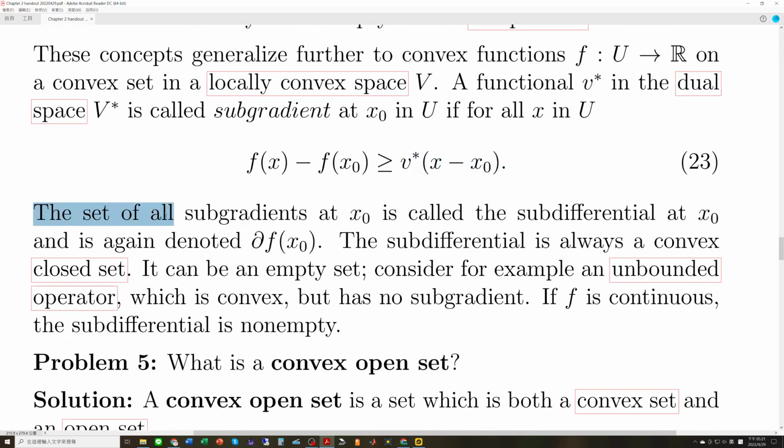The set of all subgradients at x0 is called the subdifferential at x0 and is again denoted partial f of x0.